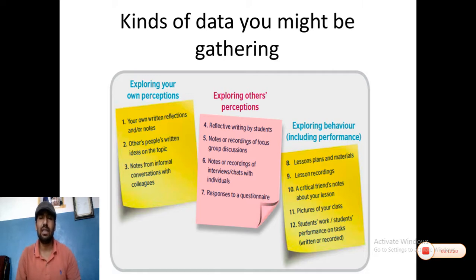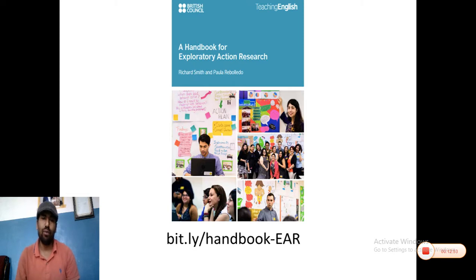These tools can be categorized under exploring behavior. So remember 3: exploring your own perception, exploring others' perception, and exploring behavior. So 3 categories we can particularly adopt in the action research. So look at there. For more information, you can go to the handbook for exploratory action research.